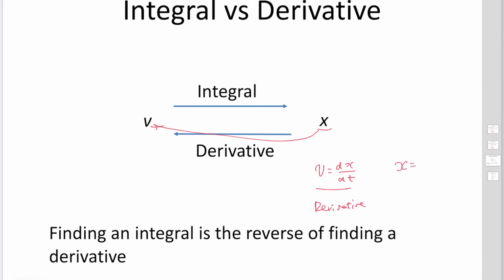And if you consider the integral of v with respect to time, you can find x. So the integral goes in the opposite direction. Finding the integral is the reverse process of finding the derivative. So if you can find the derivative, you can easily find the integral, because it is the reverse process.